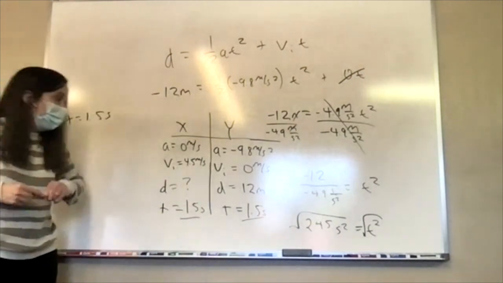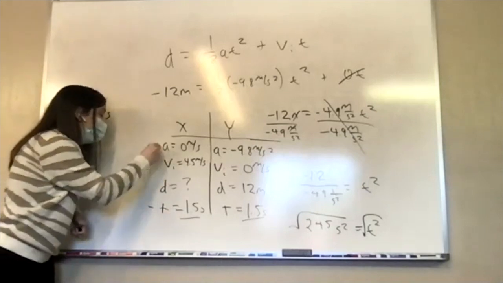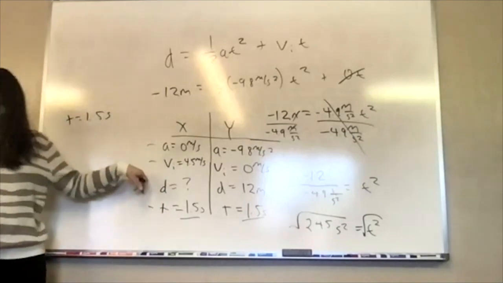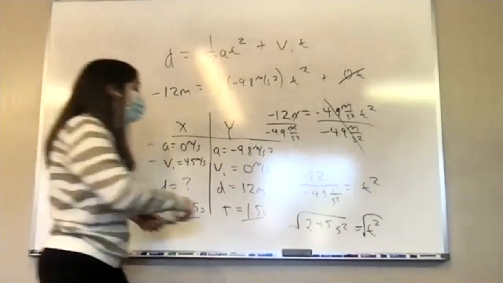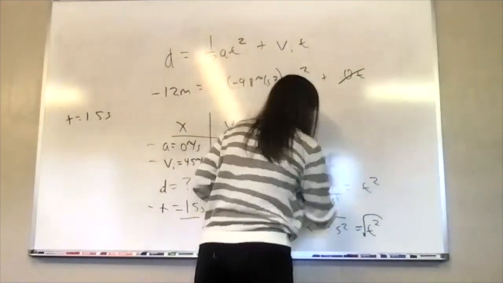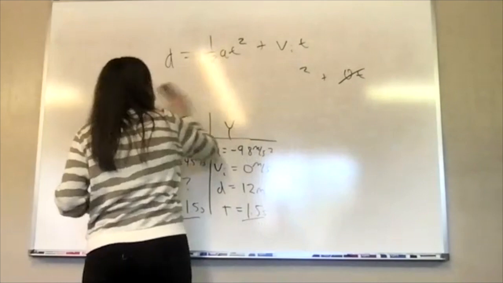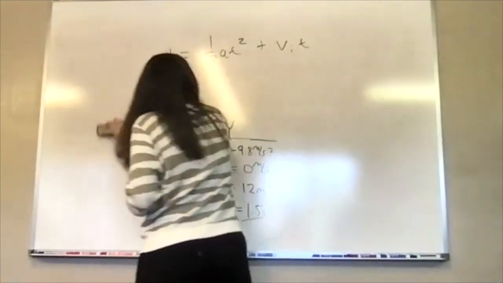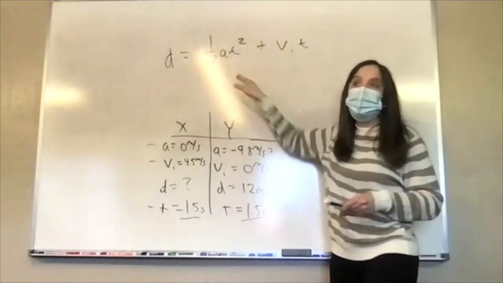So now that we know time in the x dimension, we now have 3 known variables. We can solve for what we need to know, which is the distance in the x dimension. So we can use the same equation that we used earlier to solve for the distance.